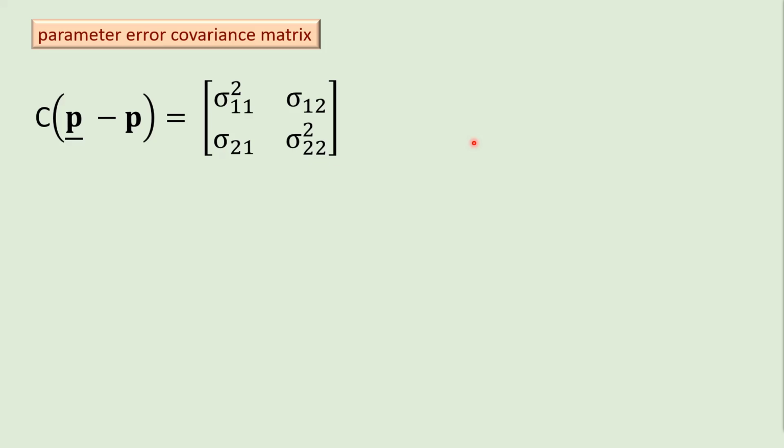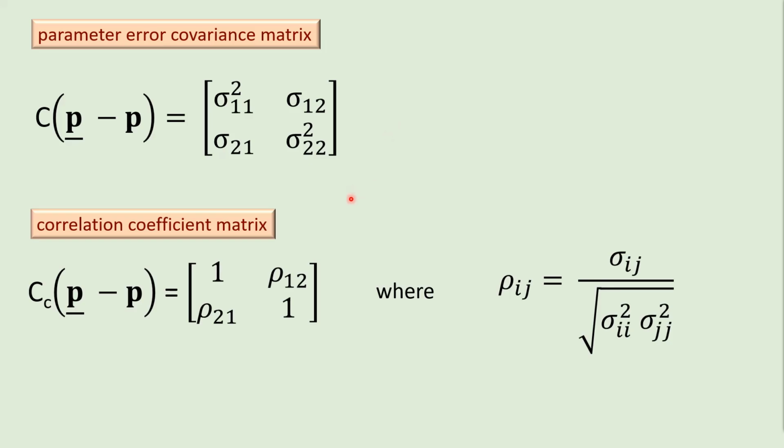One of the ways that we can gain insights into this problem is to calculate from this parameter error covariance matrix a parameter correlation coefficient matrix. This matrix can be calculated from this matrix very simply.